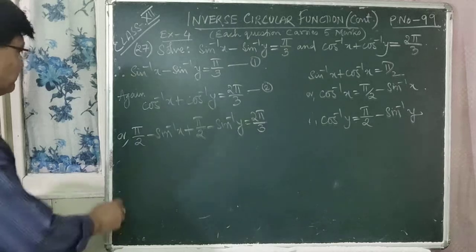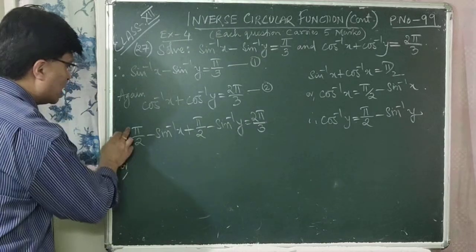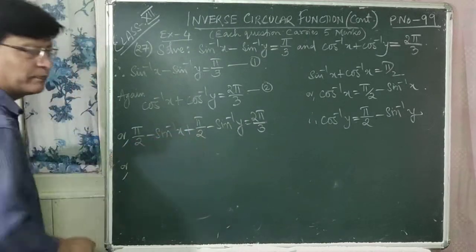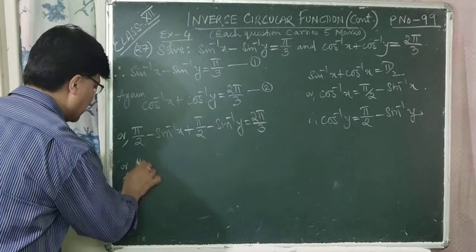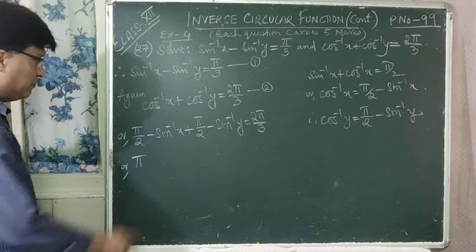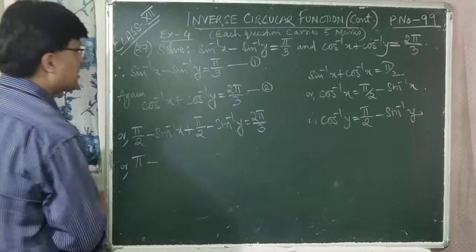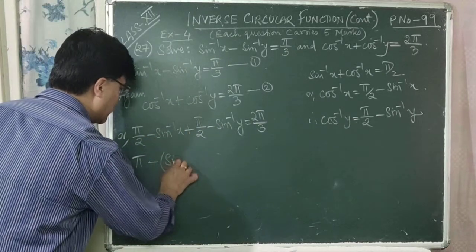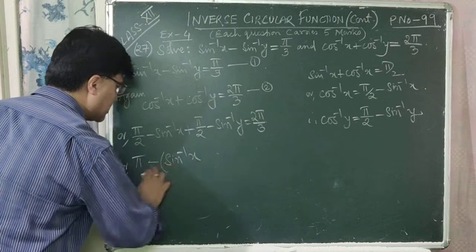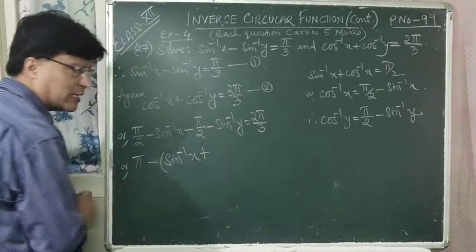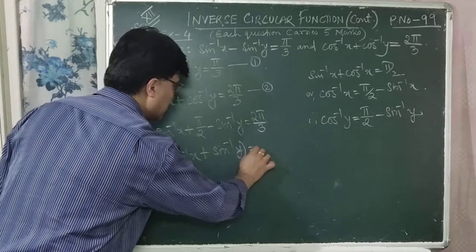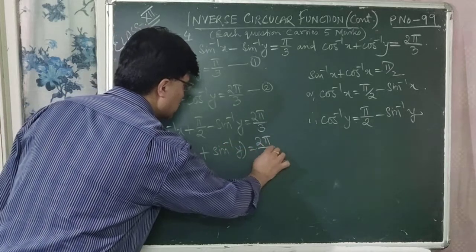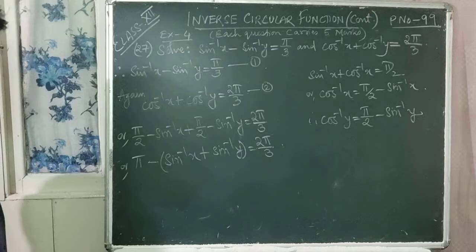Is that clear? Now, pi by 2 plus pi by 2 is 2 pi by 2; the 2 cancels, and you get only pi. Here minus is taken common within bracket. What do we get? Sin inverse x plus sin inverse y, since minus into minus is plus, you have to change the sign, is equal to 2 pi by 3.